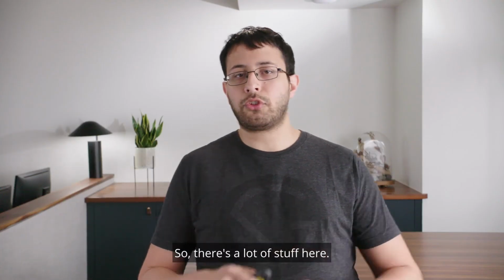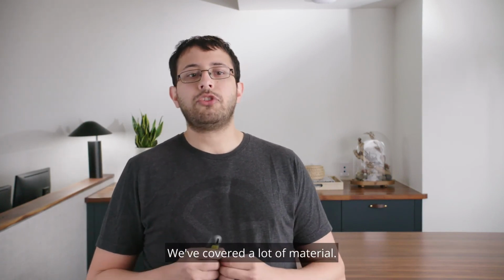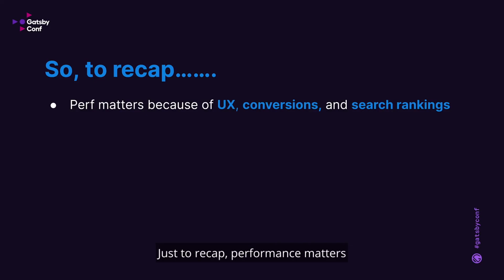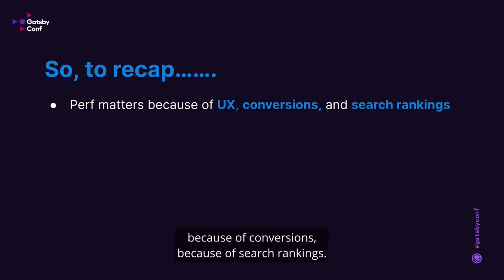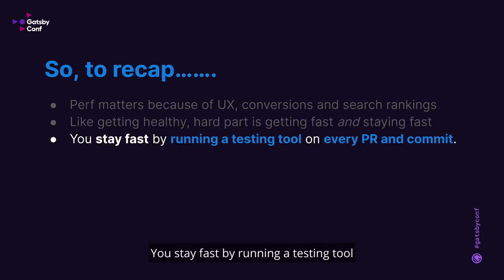So there's a lot of stuff here. We've covered a lot of material. Just to recap, performance matters because of user experience, because of conversions, because of search rankings. Like getting healthy, the hard part isn't just getting fast, it's staying fast. You stay fast by running a testing tool on every pull request and commit.